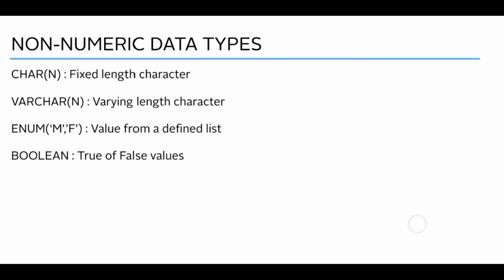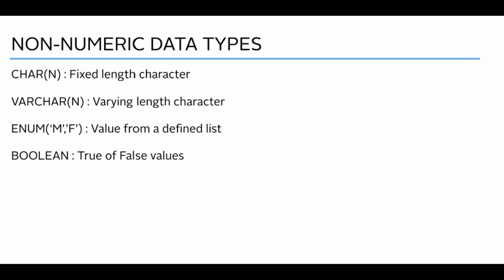And next let's look at the non-numeric data types. So we can also store words or characters in database tables. So the first data type we'll look at is char, and this is for fixed length characters. So you use the char data type followed by a number, and any value you try and enter into that column will have to be that length.